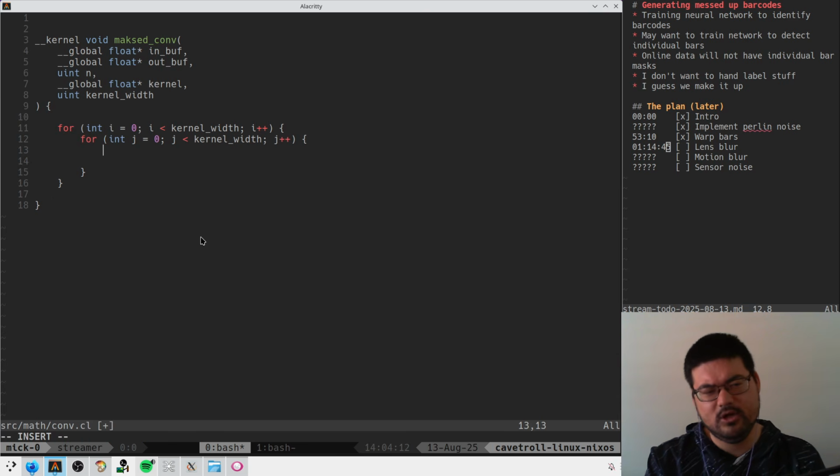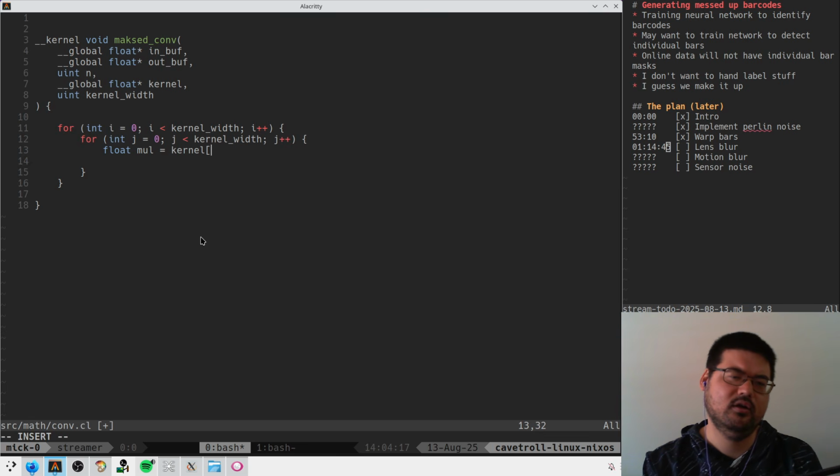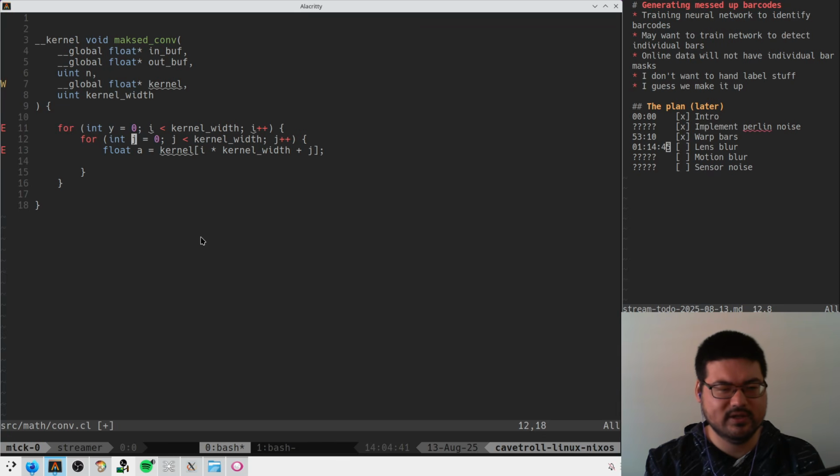We say multiplier is the kernel at, I guess this is like a. So this is the kernel at i times kernel, or probably j times kernel. No, i times kernel width plus j. Maybe we call these y and x. Kernel x here, just so I don't get confused.